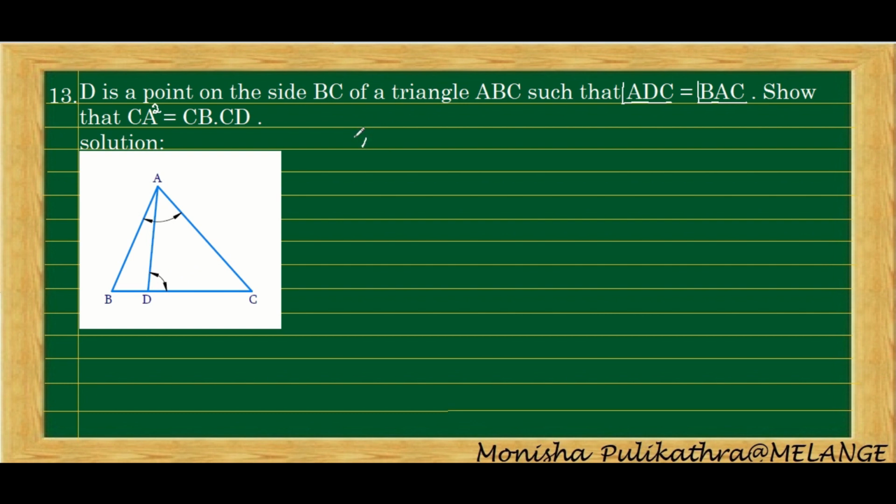So in triangle ABC and triangle ADC, when we compare these two triangles, what is common here? The two angles are common. In these two triangles, angle BAC is equal to angle ADC, already given in the statement. So you can write here, given in the statement.